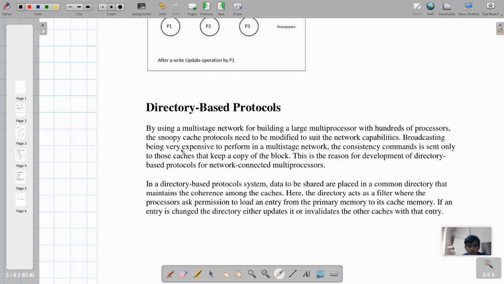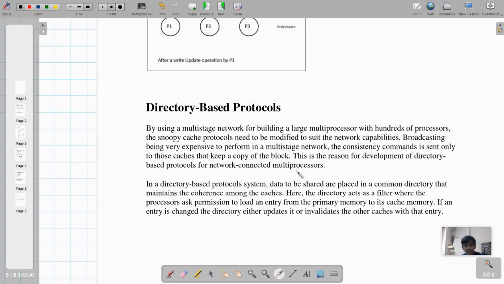So it becomes very expensive to perform in a multi-stage network. The consistency commands are sent only to those caches that keep a copy of the block. This is the reason for the development of the directory-based protocol for network-connected multiprocessors. Why?